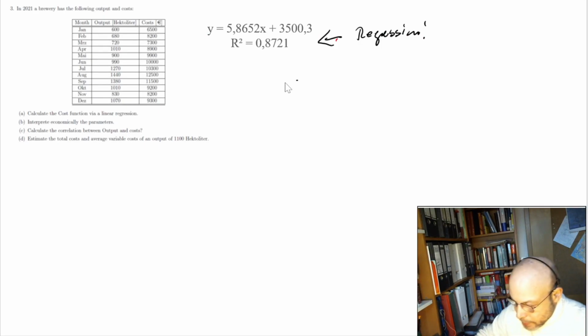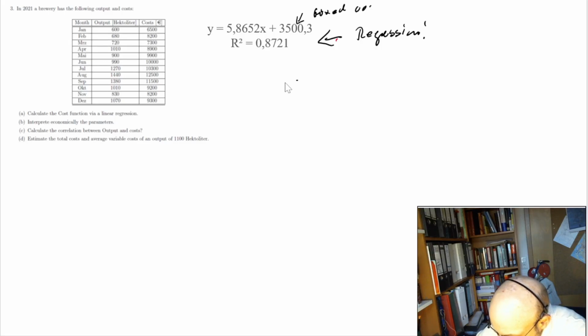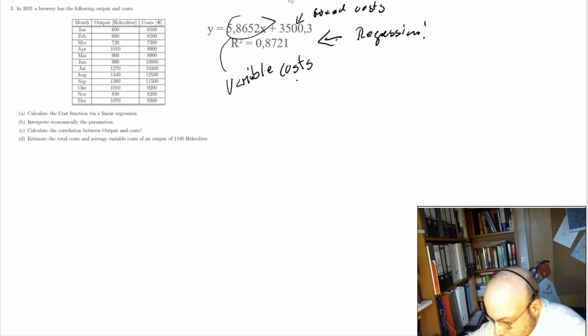And interpret the parameters. Well, this would be fixed costs, and this would be variable costs, as you know from your business administration courses. And this correlation is, of course, then the square root of r squared.